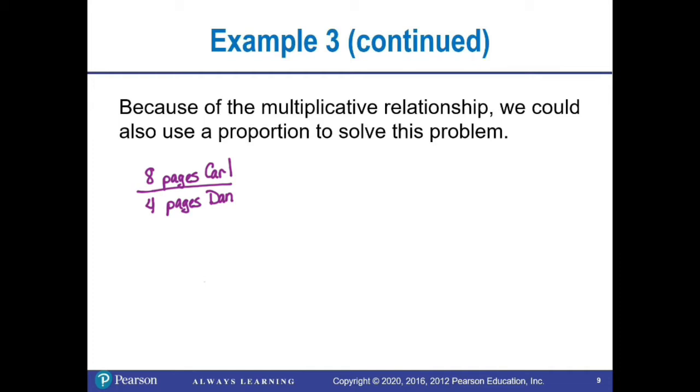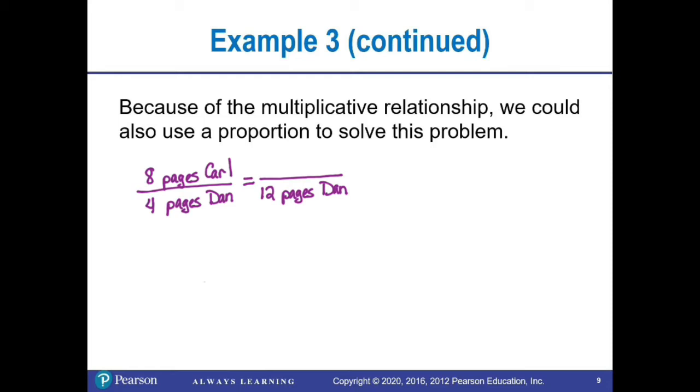A proportion says two ratios are equal, so equals. We know that Dan types 12 pages. Now we wrote the number of pages that Dan typed in the bottom of the first ratio. So I'm going to write the number of pages that Dan typed in the bottom of the second ratio as well. So the 12 pages goes in the bottom of the second ratio.